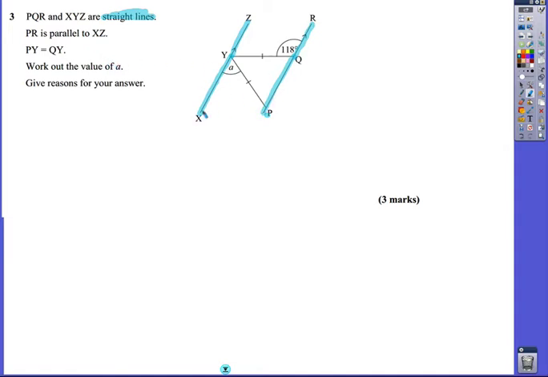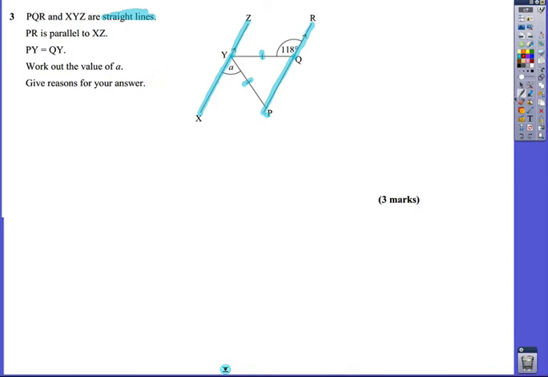Good, they've got the little arrows to tell us as well. PY is equal to QY. So if these lengths are the same, we know it's an isosceles triangle, and fantastic, they even gave us the lines in the question. Work out the value of A. Give reasons for your answer. You won't get marks if you don't give reasons for your answer.